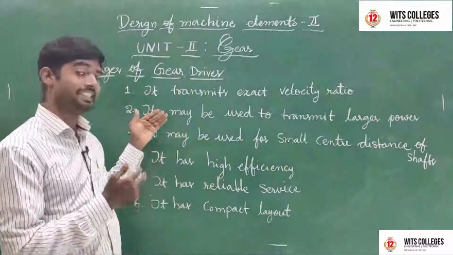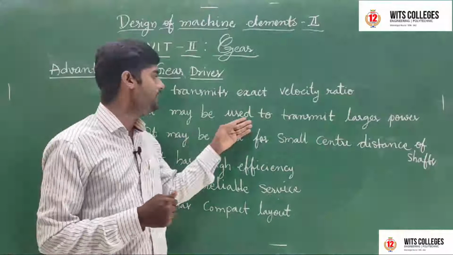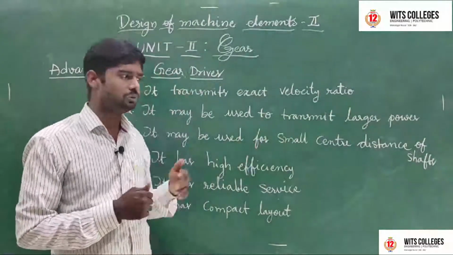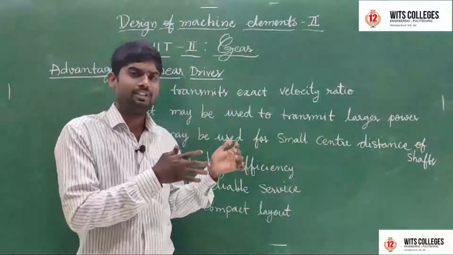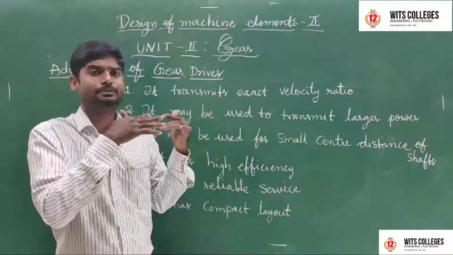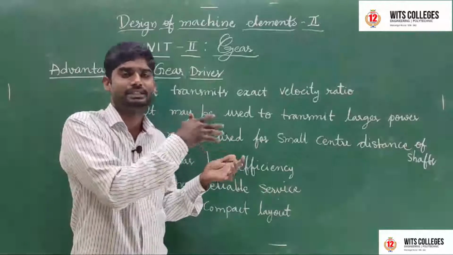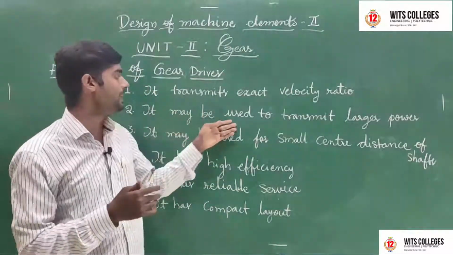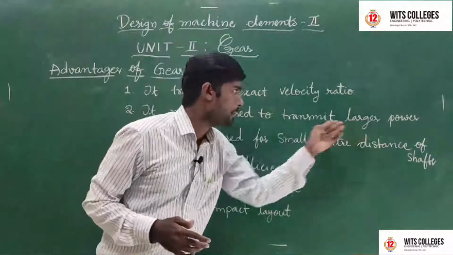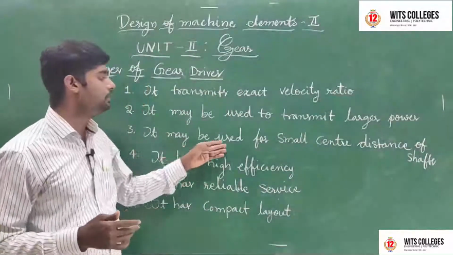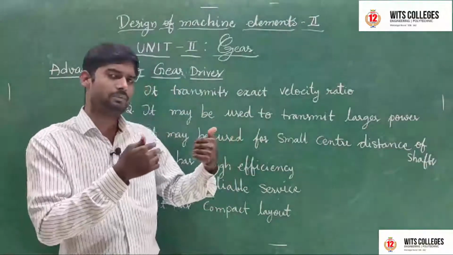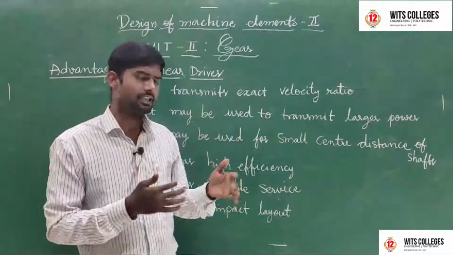The second advantage is that it may be used to transmit large power. We use it in large power transmission machines. Next, it may be used for a small center distance between two shafts, driver shaft to driven shaft.